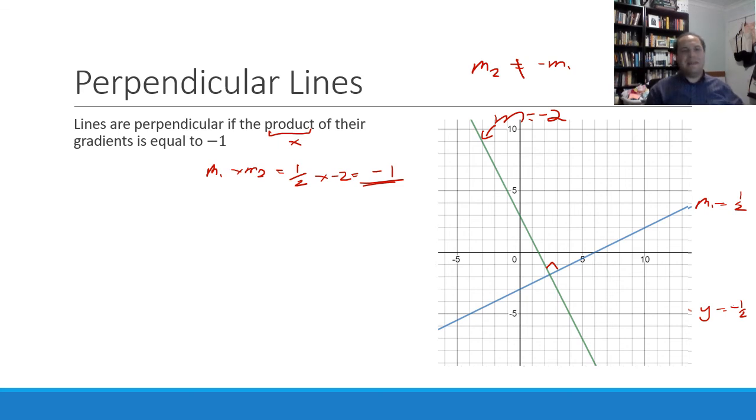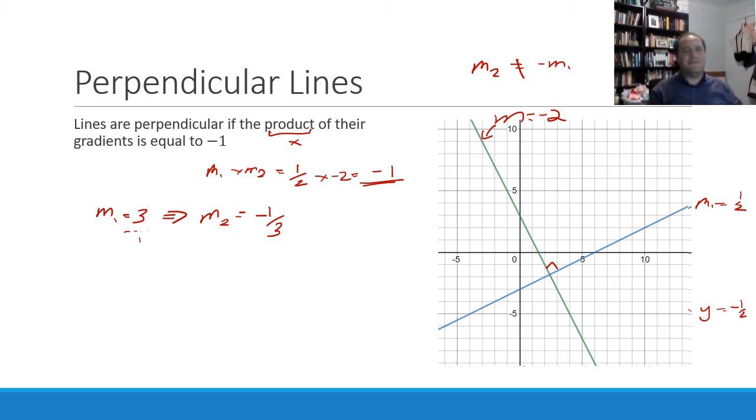Another way of explaining that is that if we've got a line that has an initial gradient of 3, the gradient of our second line is what we call the negative reciprocal. Reciprocal just means we flip our fraction over. So this is 3 on 1, flipping it over, 1 on 3, and then we make it negative. So the negative reciprocal: we flip our fraction and make it negative.